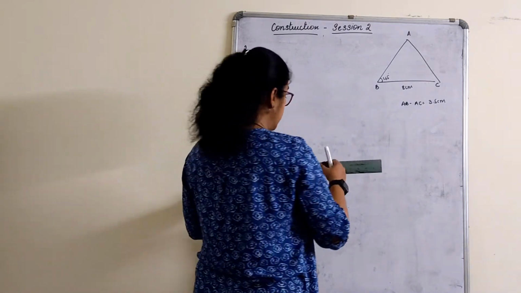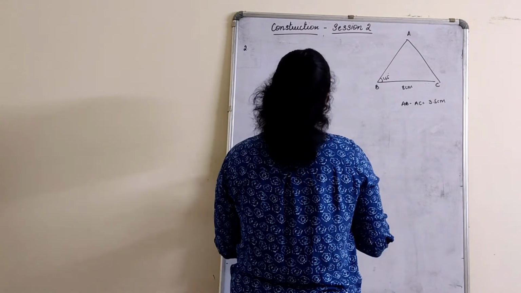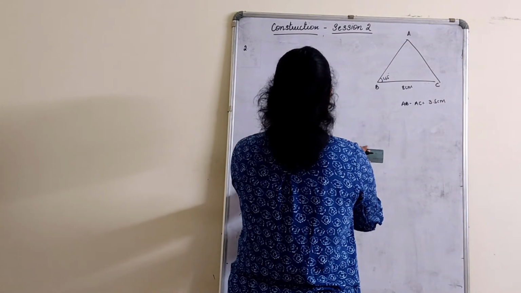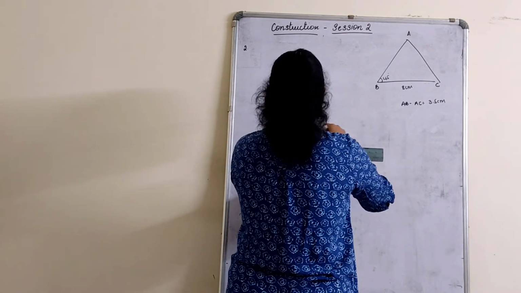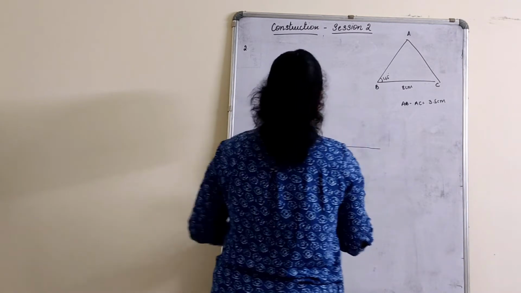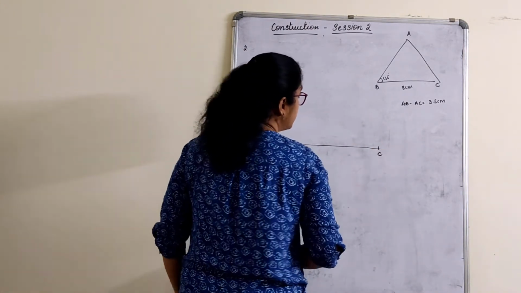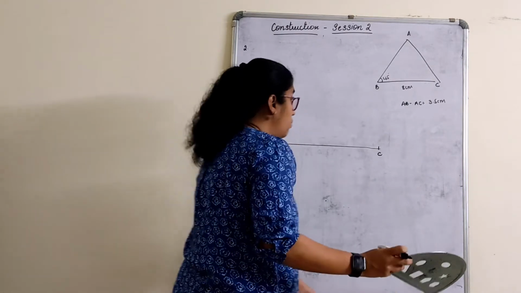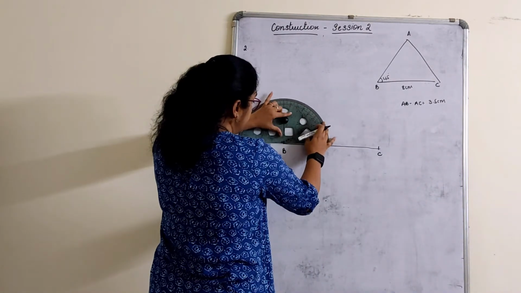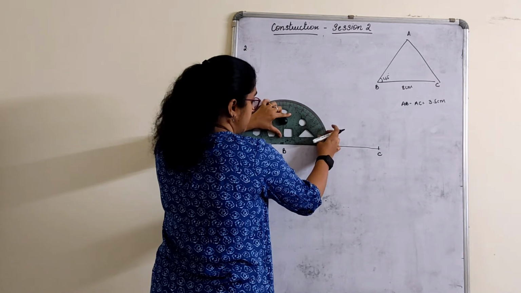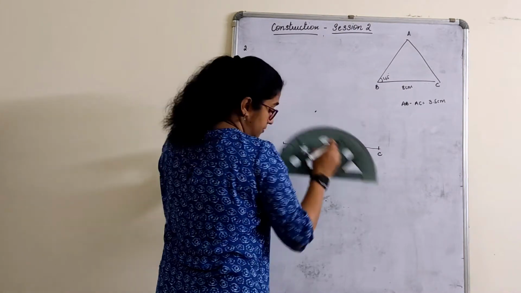Now let's see what we have to do. Let us first consider the base as 8 centimeter. So BC 8 centimeter as the base, with B as 45 degree. Again, 45 degree can be as well constructed using compass. We have done that yesterday. 45 degree will come here.